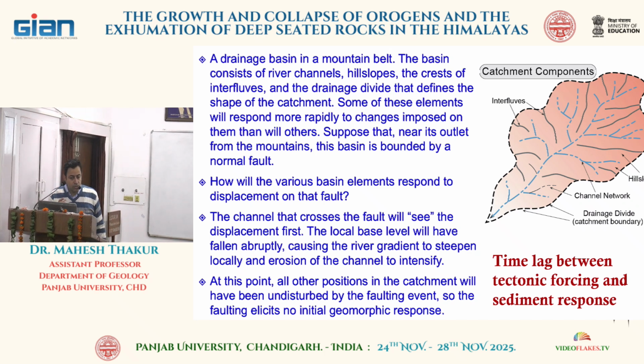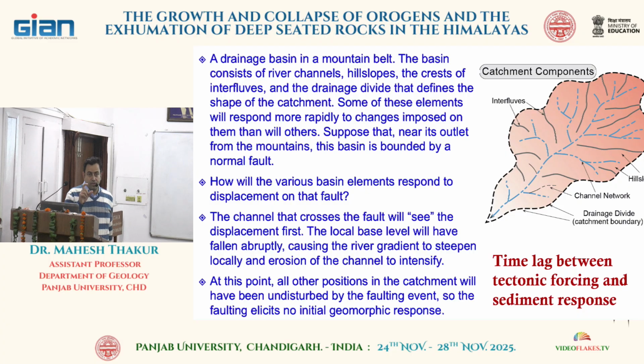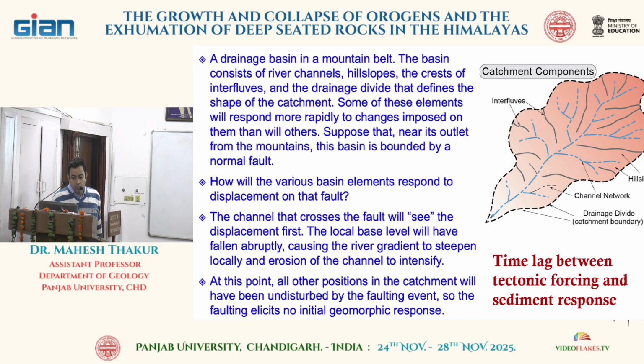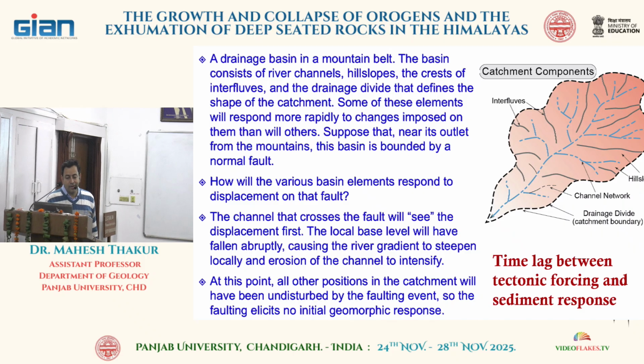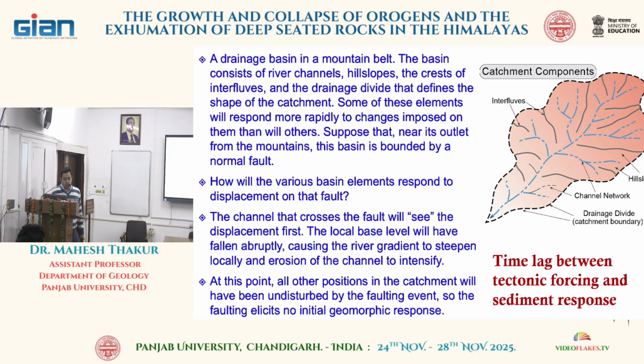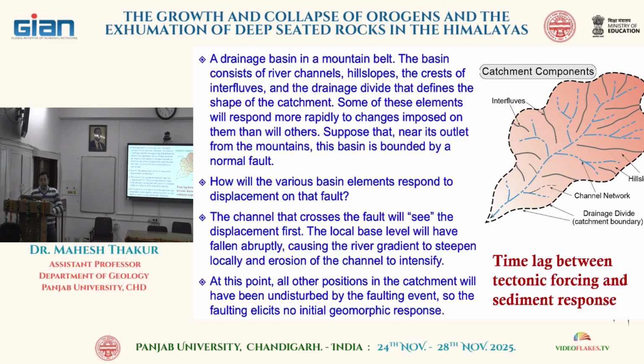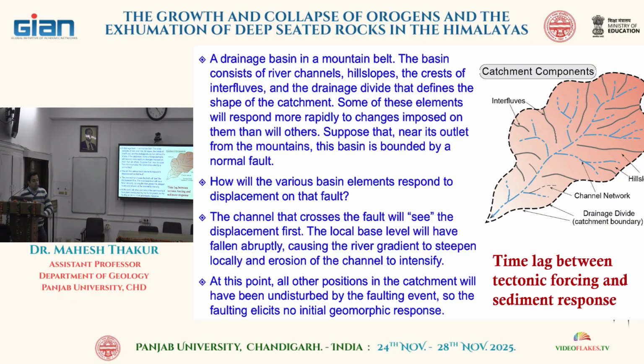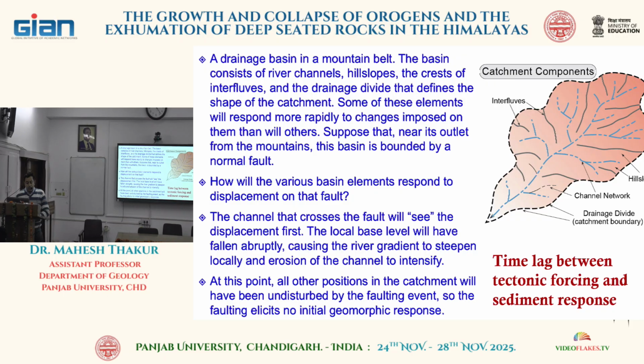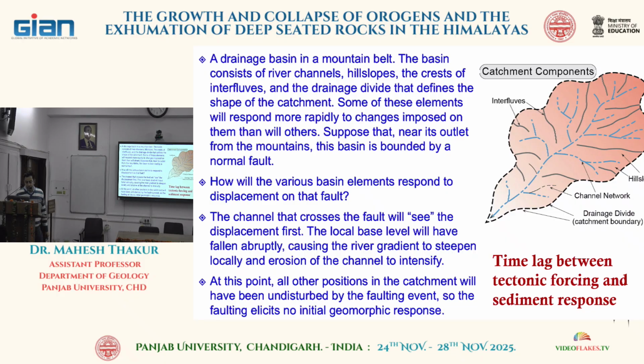The channel that crosses the fault sees the displacement first. The local base level will have fallen abruptly, causing the river gradient to steepen locally and erosion of the channel to intensify. At this point, all other positions in the catchment will have been undisturbed by the faulting event, so the faulting elicits no initial geomorphic response.